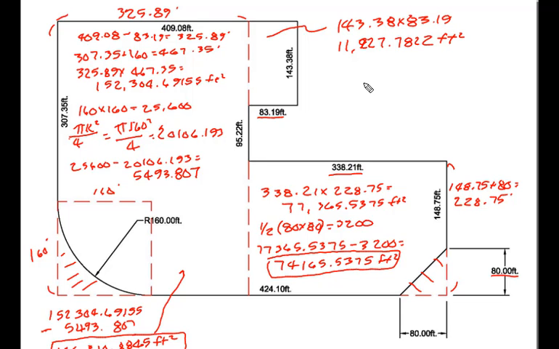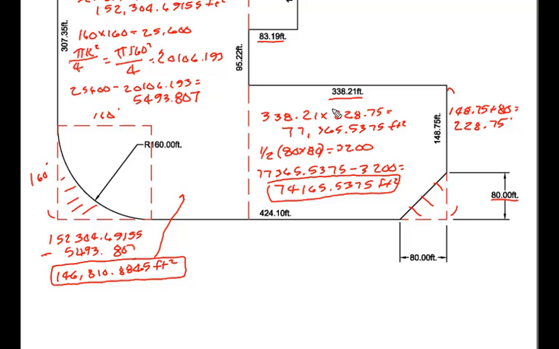So now we just need to add all of our numbers together. So if we say we've got 146,810.8845 plus 74,165.5375 and 11,927.7822.